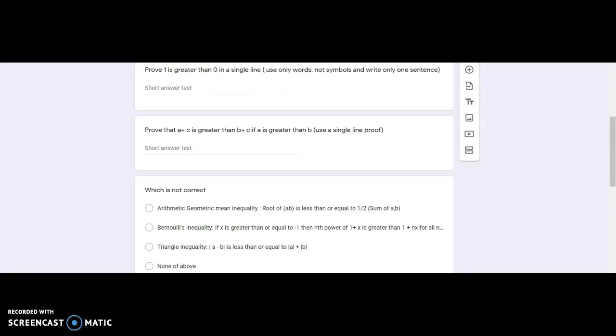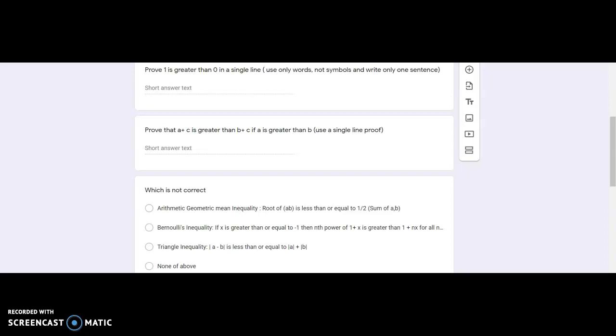You have to select the statement which is not correct. First one, arithmetic geometric mean inequality: root of AB is less than or equal to half of the sum of A and B. Second one, Bernoulli's inequality: if x is greater than or equal to minus 1, then (1 plus x) to the power n is greater than 1 plus nx for all n. Then third one, triangle inequality: modulus of A minus B is less than or equal to modulus of A plus modulus of B. Last one, none of the above.